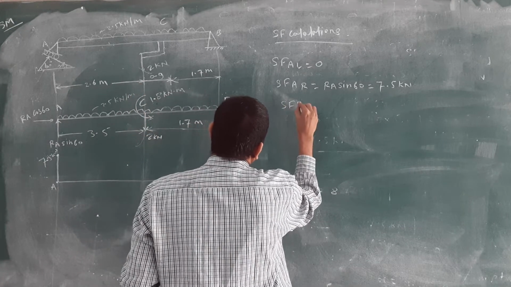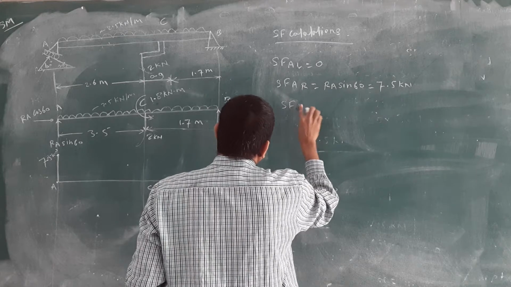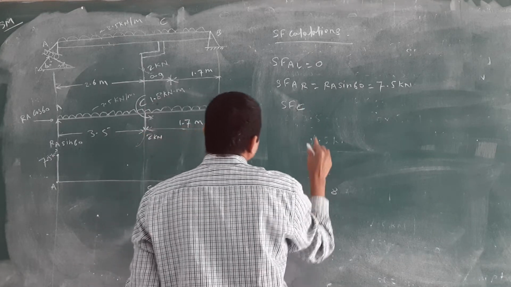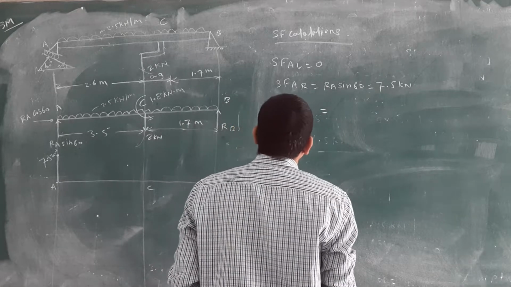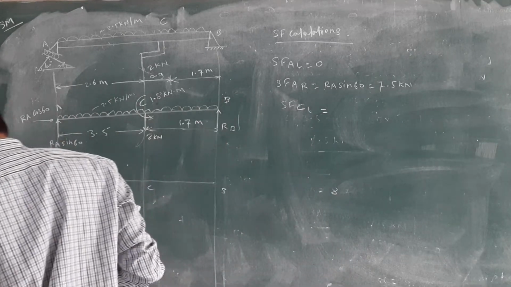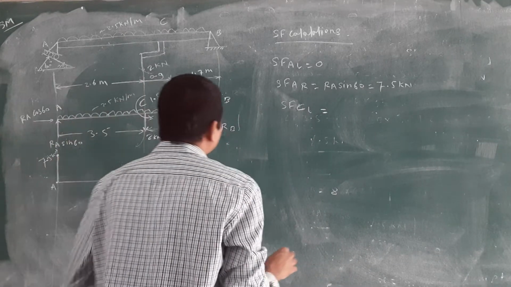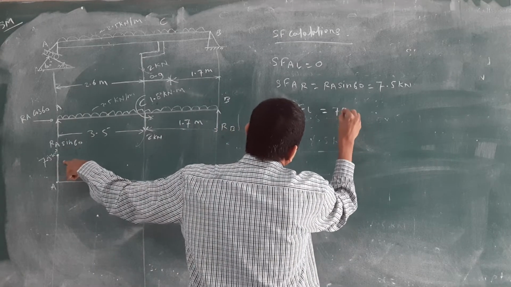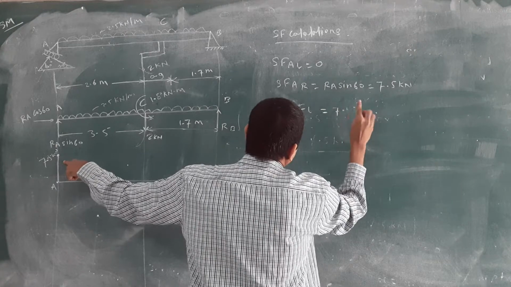Next point is SF at C, just left side. What is the value of Ra sin 60? Directly I will write here 7.5, right?